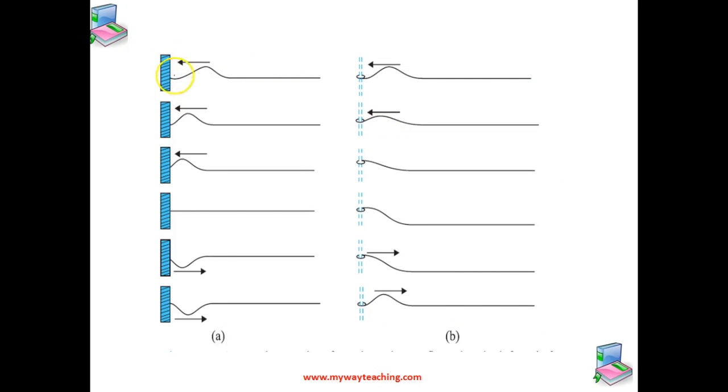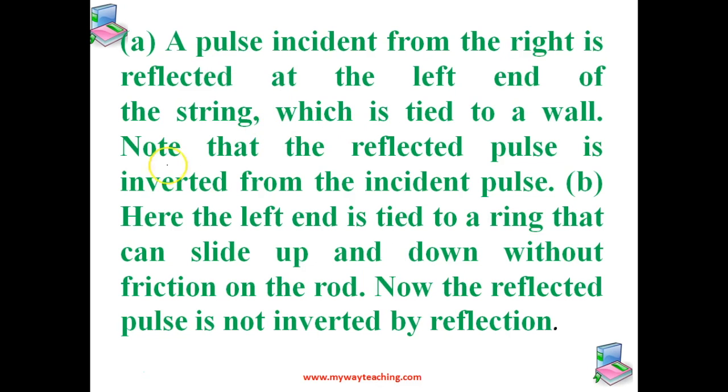Here is the wall where the string is tied. A pulse which is incident from the right is reflected from the left after hitting this wall. The reflected pulse is inverted from the incident pulse. That is figure A.